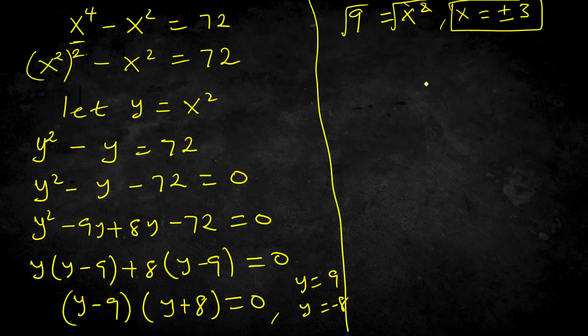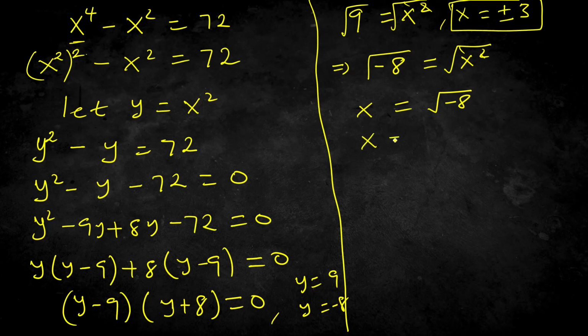Now let's look at when y is negative 8. So we have minus 8 equals x squared. So taking the square root on both sides, we have x equals square root of minus 8. So this one will be complex.